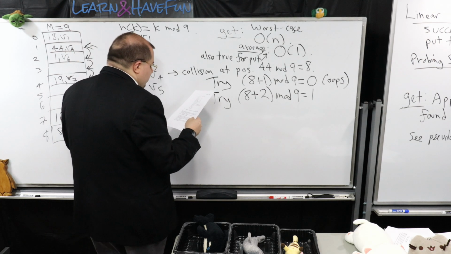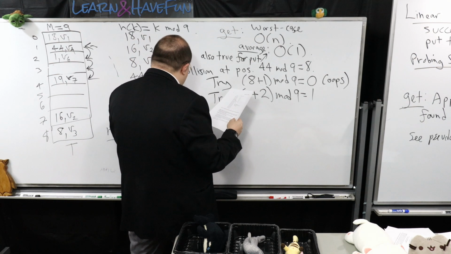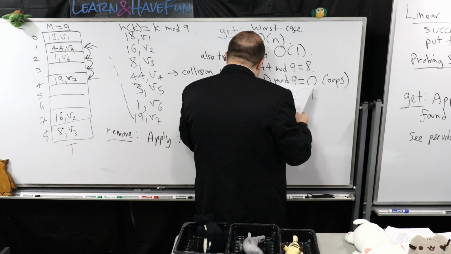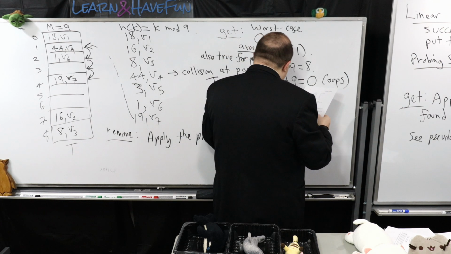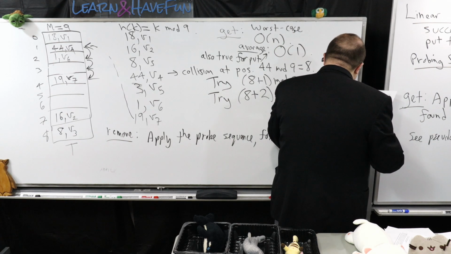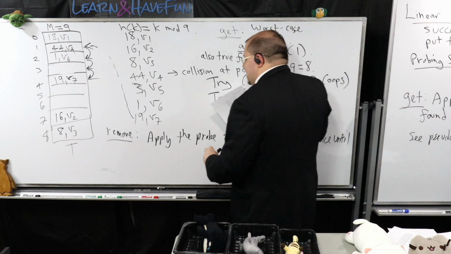So when we do remove, we just apply the probe sequence. So you just follow the sequence until key K is found.